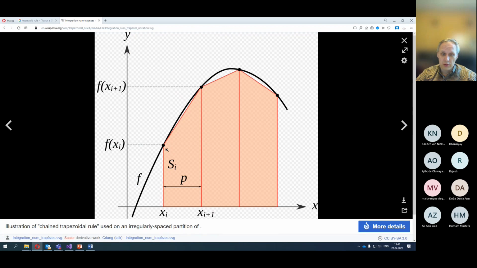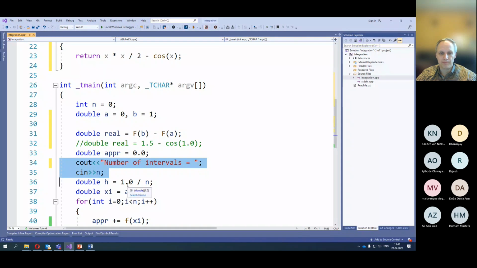Let me remind you that the integral on the large interval can be computed as a sum of the smaller integrals step by step. This plus this plus this and so on. Let n be the number of such intervals.